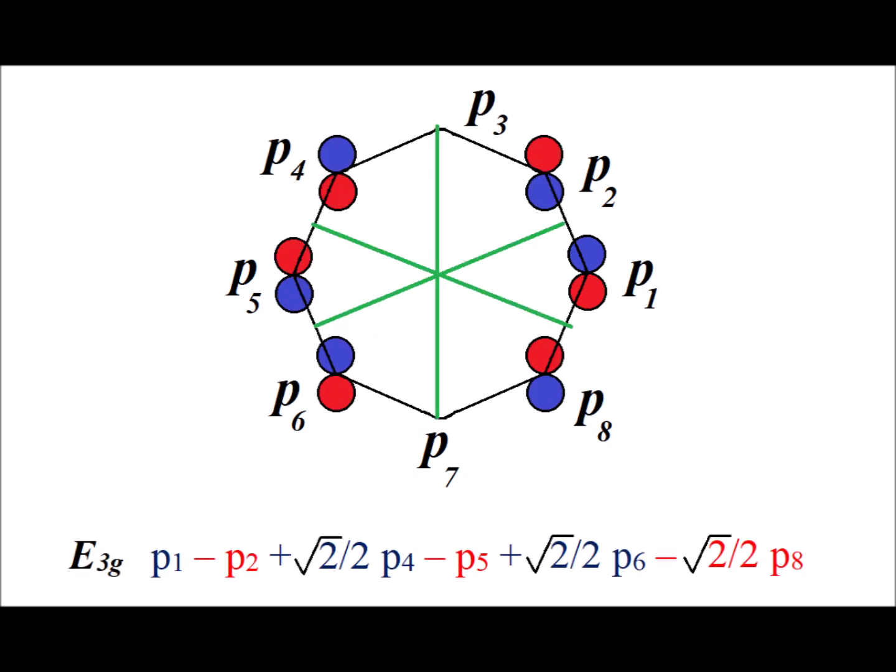Next, we have the two different E3G molecular orbitals, and again, notice that each of these has three nodes.